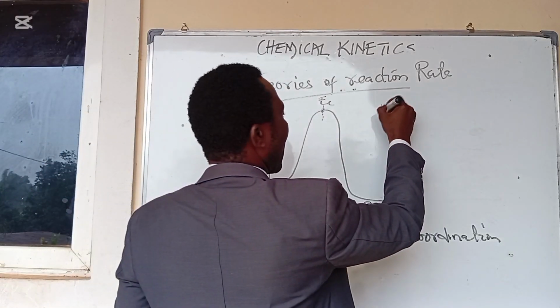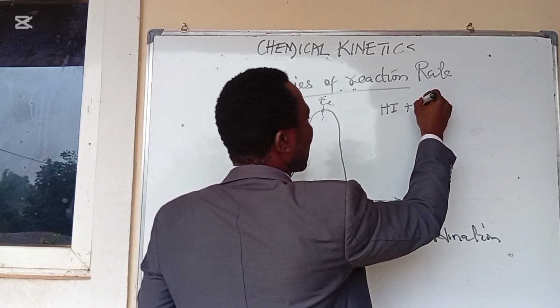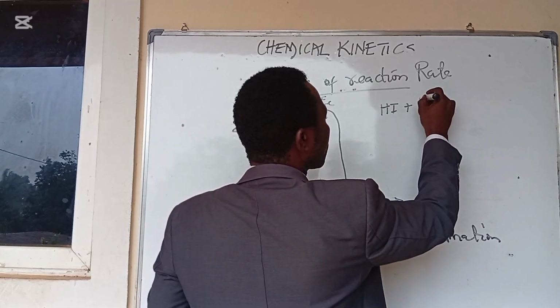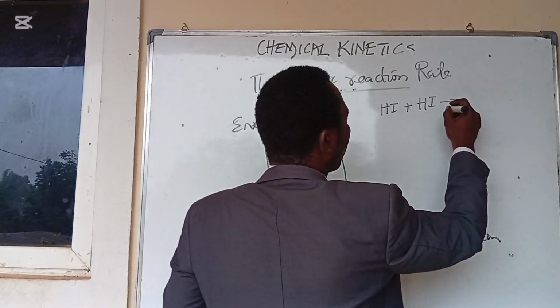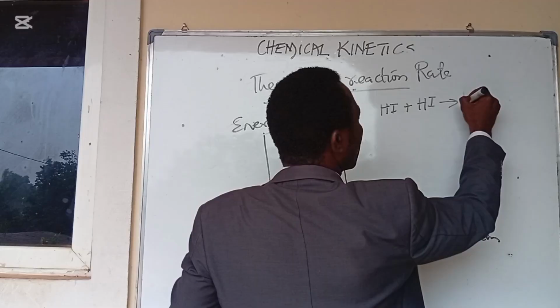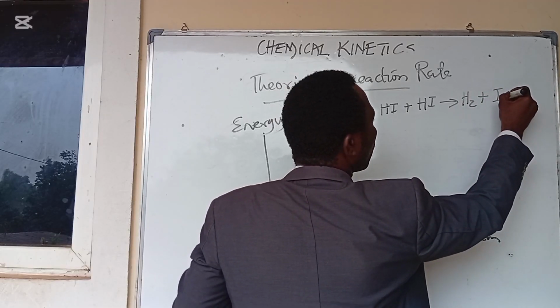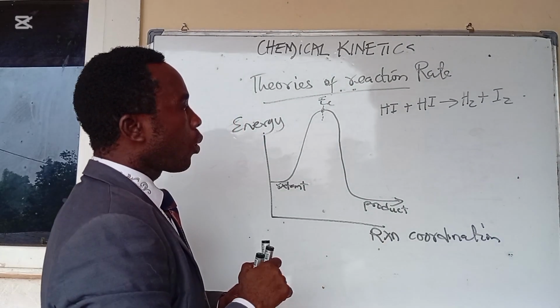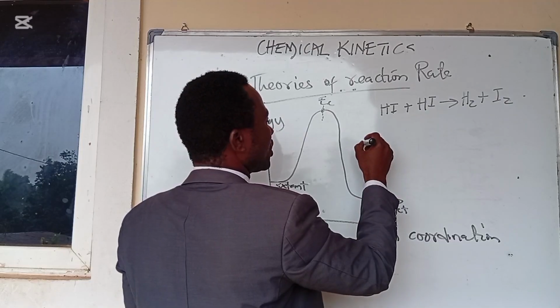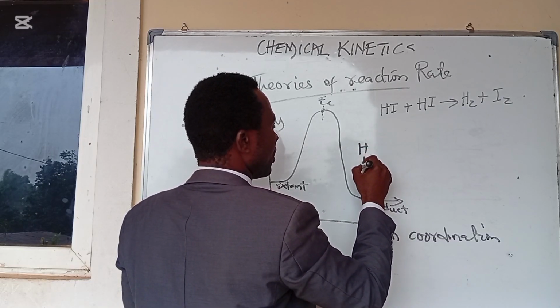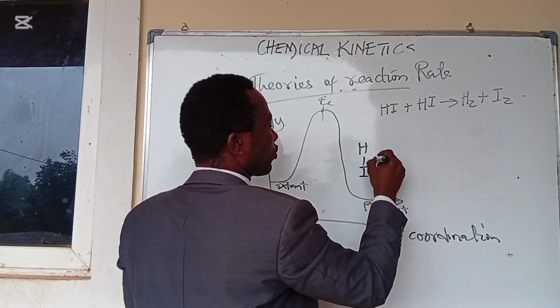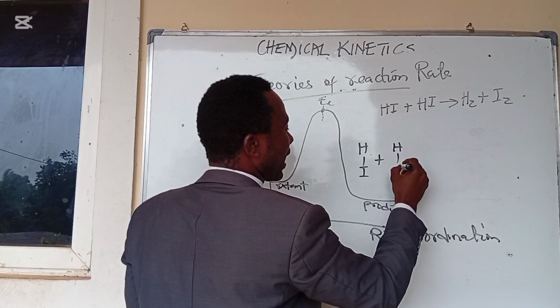Let's say we have a hydrogen iodide reacting with another hydrogen iodide to give us H2 plus I2. Now, what happens is the hydrogen iodide reacts with another hydrogen iodide.